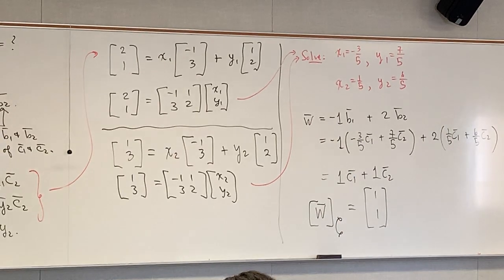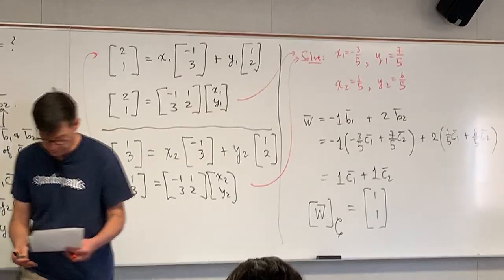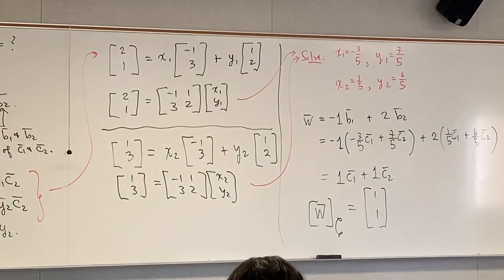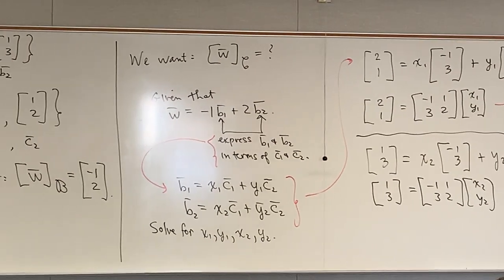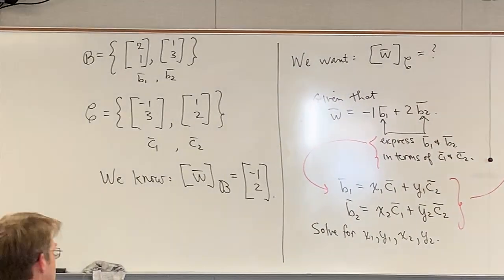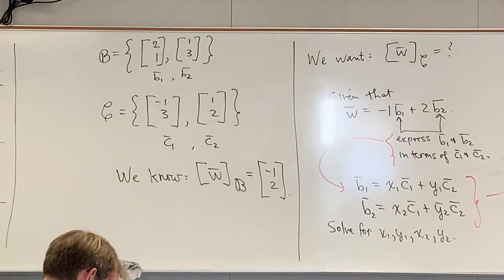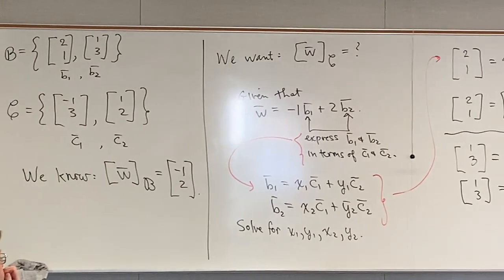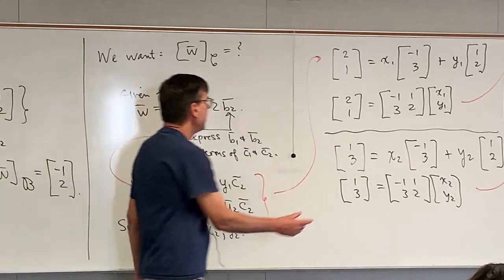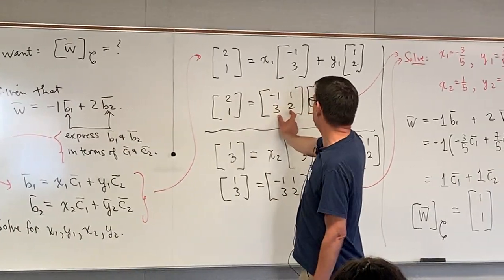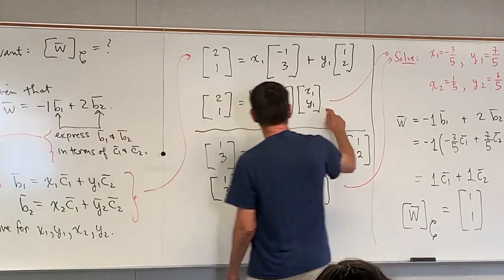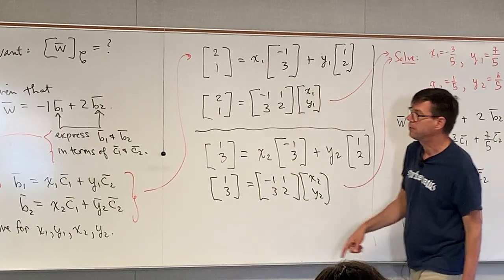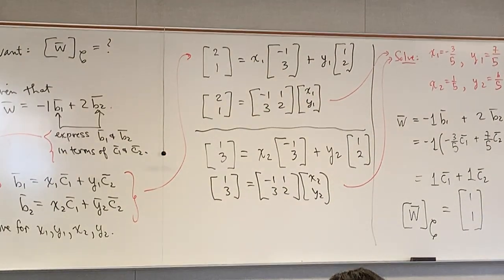So we started from the B basis coordinates for W, and we found the C basis coordinates for W. Just notice that we ended up with this matrix that looks a lot like just using these two columns. And we also had two systems that we were solving, right? Two little systems.